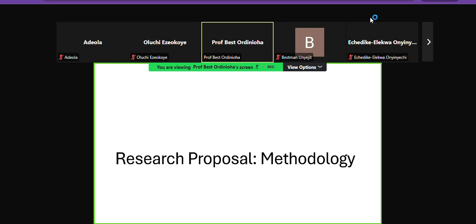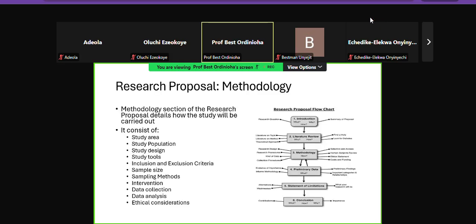The next one is the methodology, another very important part. Methodology will tell you how you are going to carry out the study. It has a lot of subsections: study area, study population, study design, study tool, inclusion and exclusion criteria, sample size calculation, sampling method.